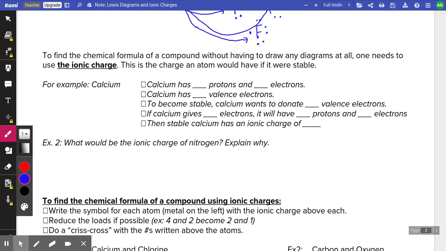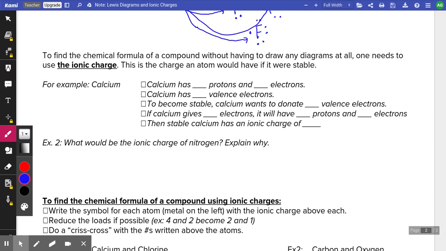So remember, we were talking about neutral atoms. Neutral atoms are the atoms that we find on the periodic table, same number of protons as electrons. Stable atoms are atoms that have full valence shells, which means that normally their electrons are no longer equal to their number of protons. They've given some away or gained some.